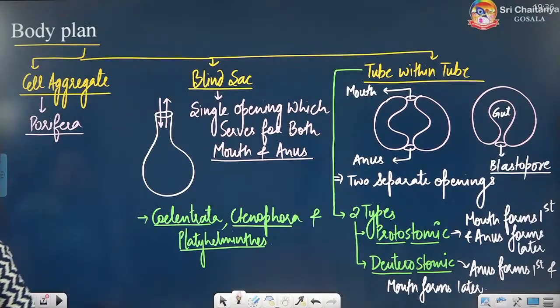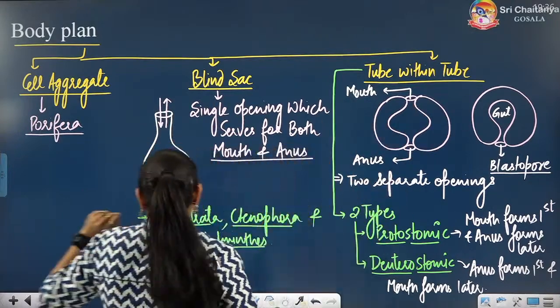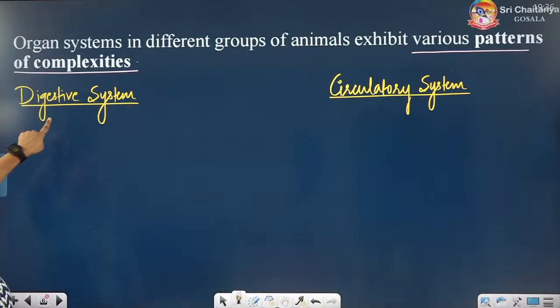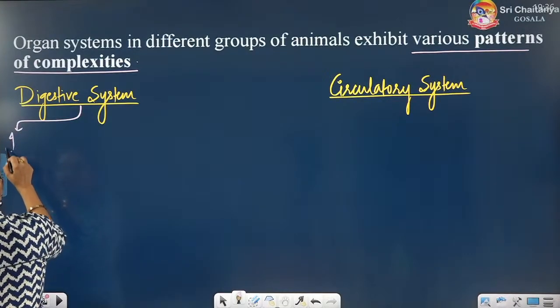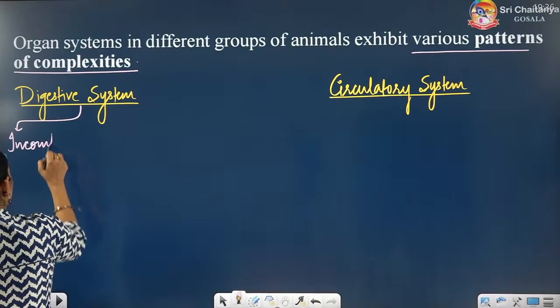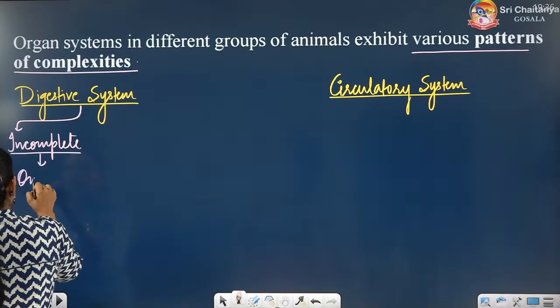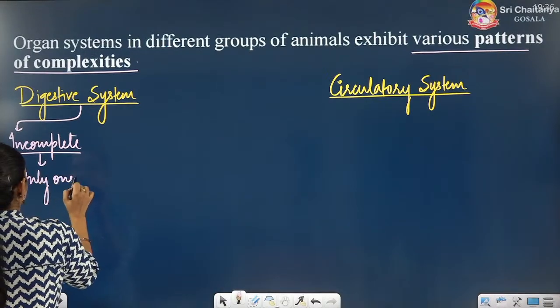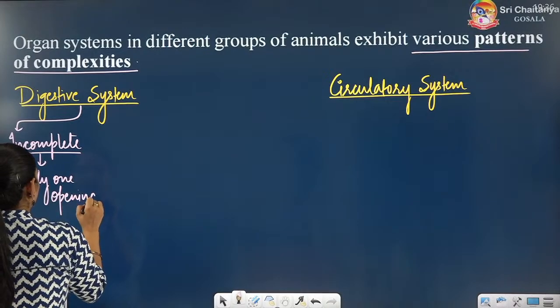So now, coming back to the body plan. I have discussed the body plan with you all. So depending upon this, we can study the digestive system. The digestive system can be incomplete, where there is only one opening. In an incomplete digestive system, you will be seeing only one opening.